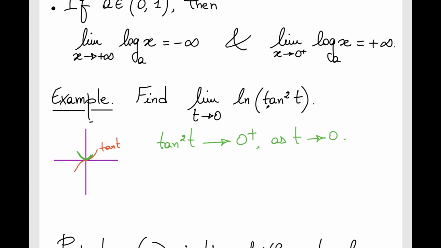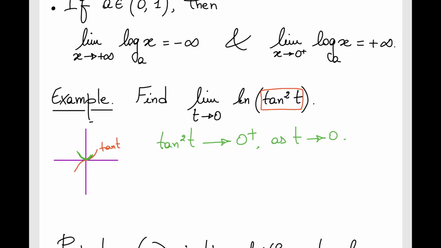Okay, as such, where does this go? This is going to 0 plus, and where does ln go when this is the input of ln? That thing is going to 0 plus. Where is ln going if that guy is going to 0 plus?